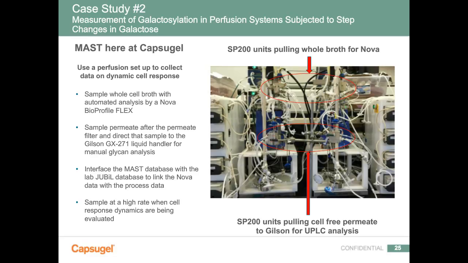There we're taking samples to a Gilson GX1 liquid handler, and from there we did the glycan analysis. All of the data collected by our internal database was automatically processed, and we were able to sample at very high rates when we were studying these.